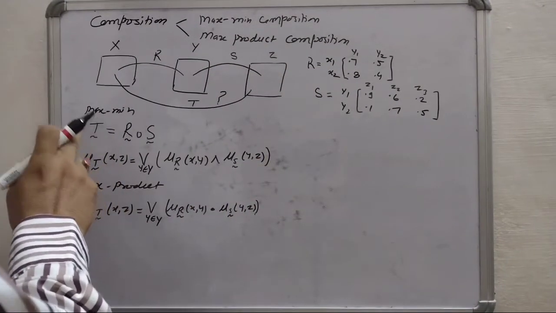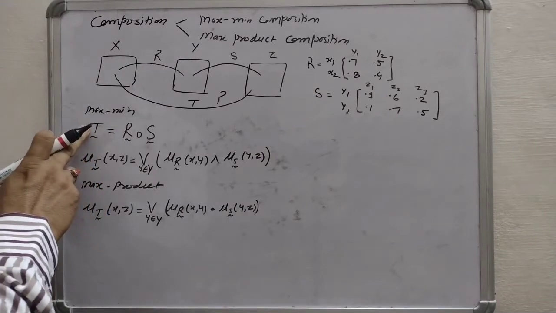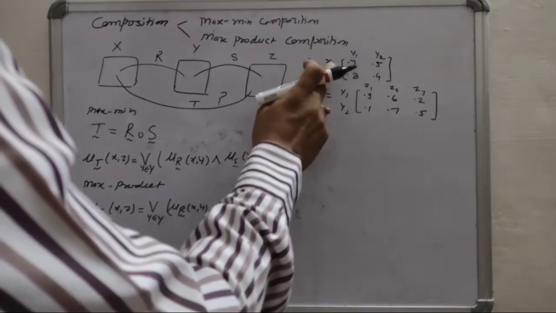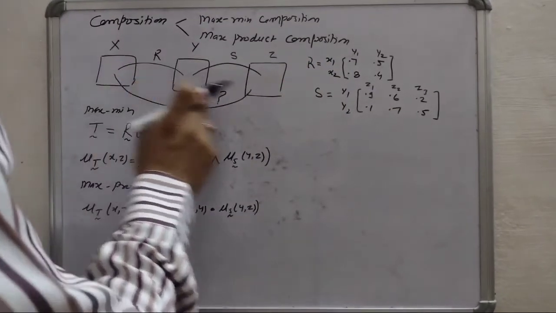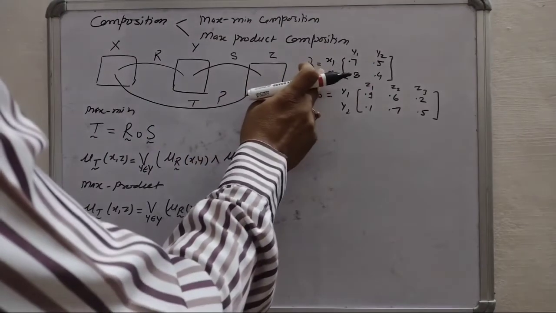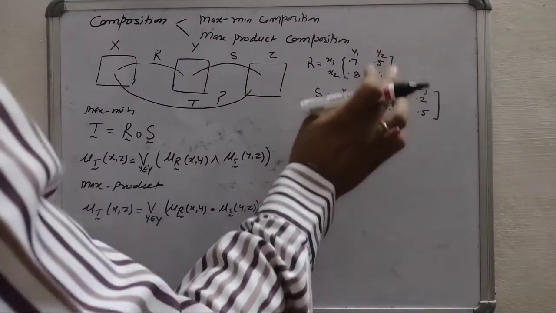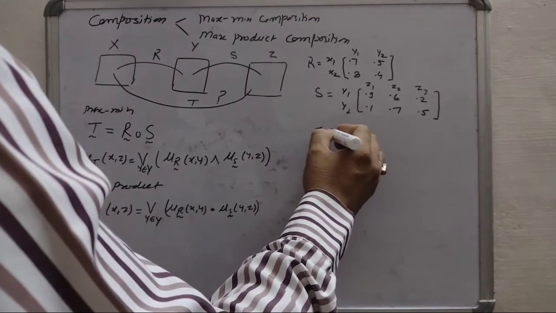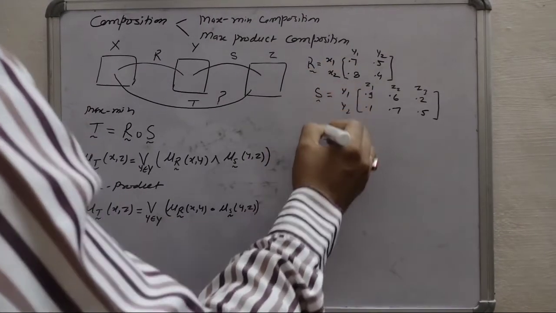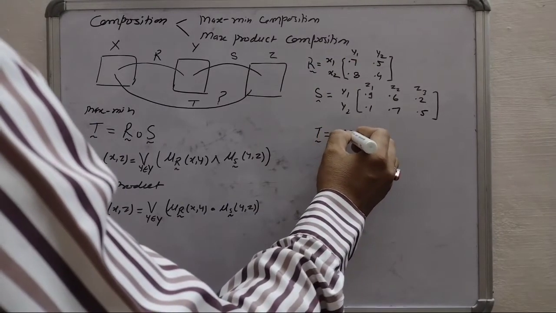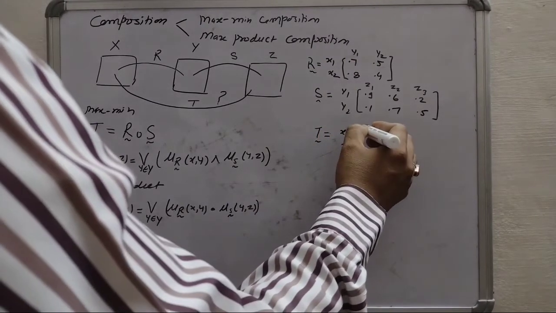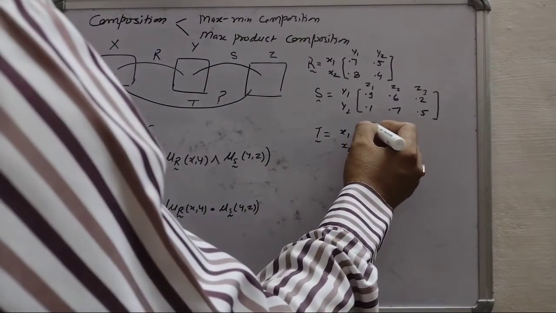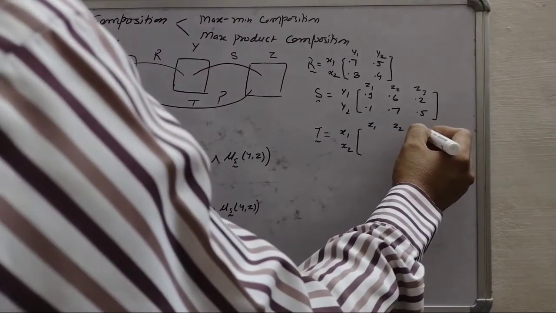So first you find out what will be the size of T relation. So here you can see that T is between X and Z, and in X there are 2 elements, in Z there are 3 elements. So first we can identify that T relation will be having size like this: x1, x2 and z1, z2 and z3.